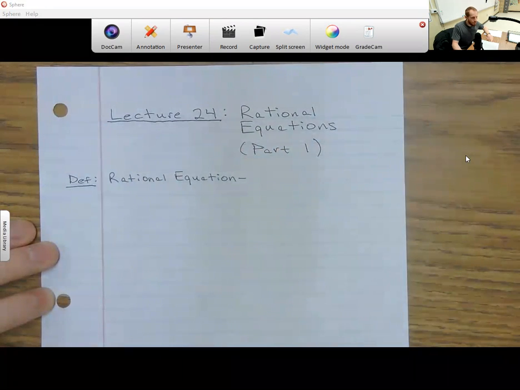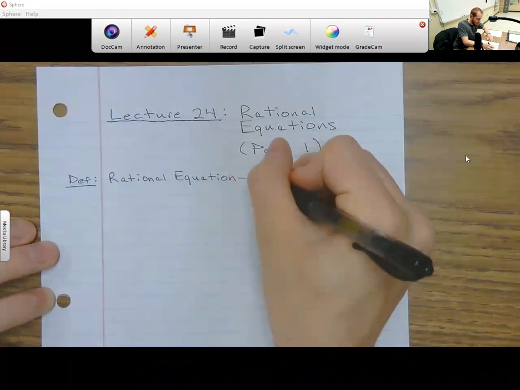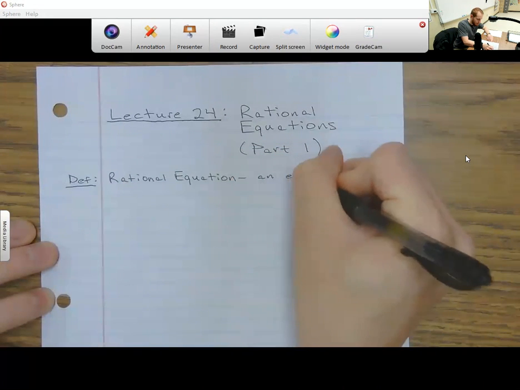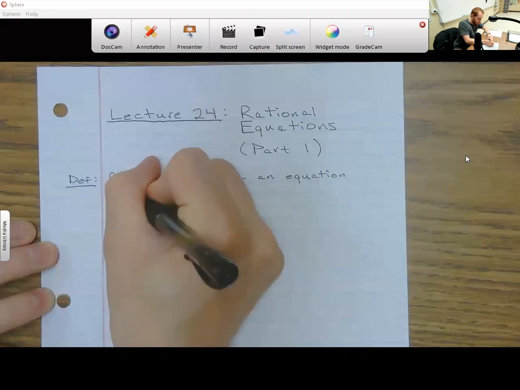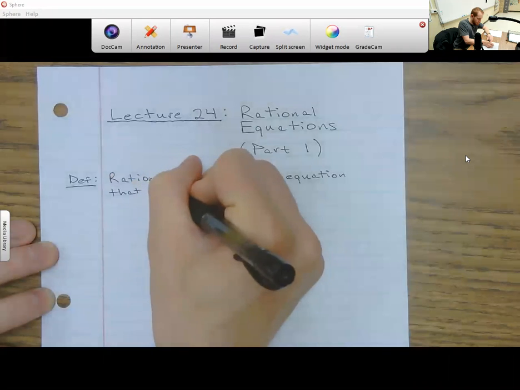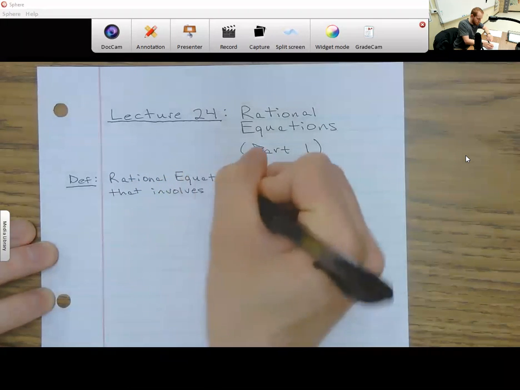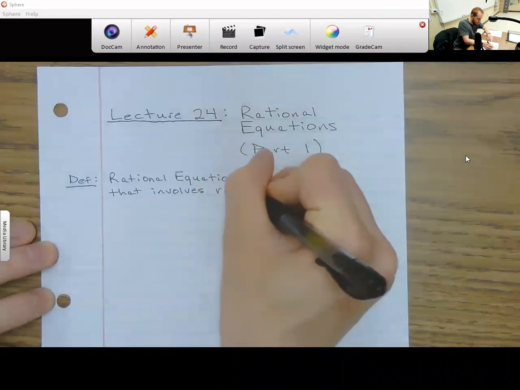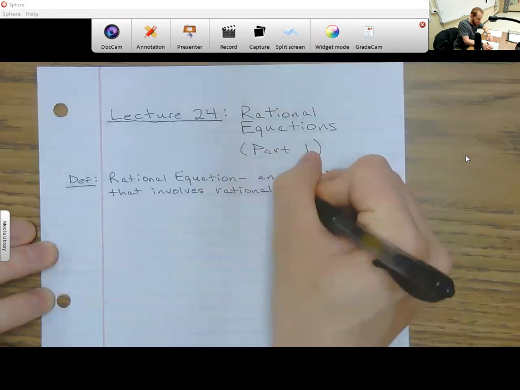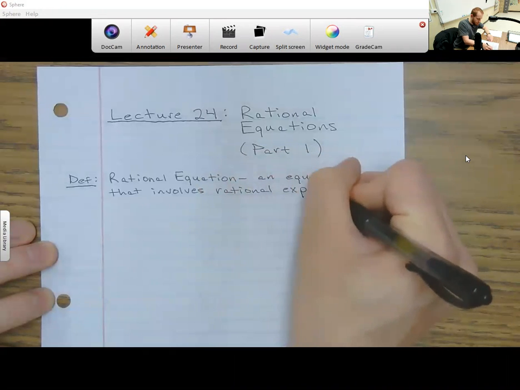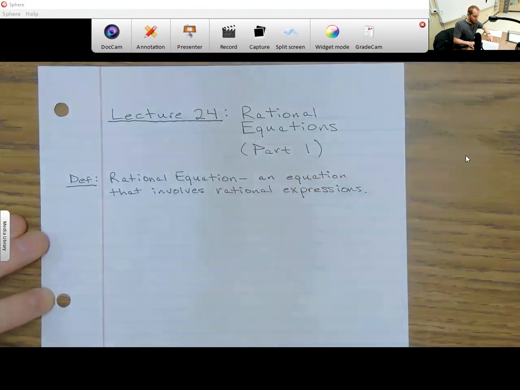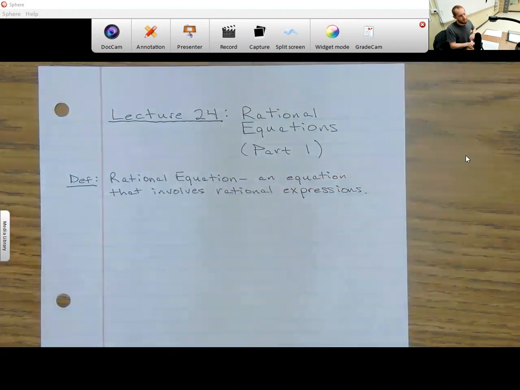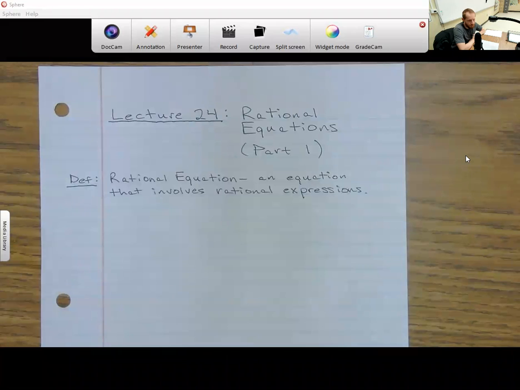A rational equation is an equation that involves rational expressions. So this is going to be an equation where you're going to have rational expressions.